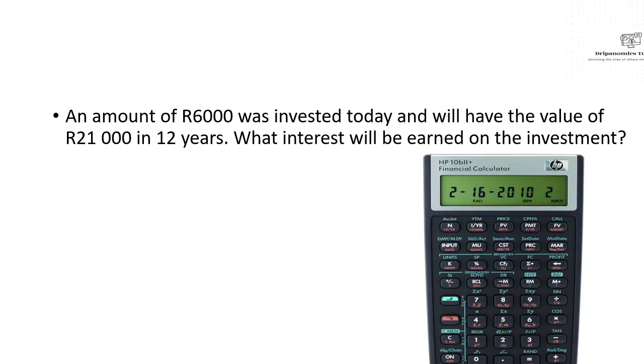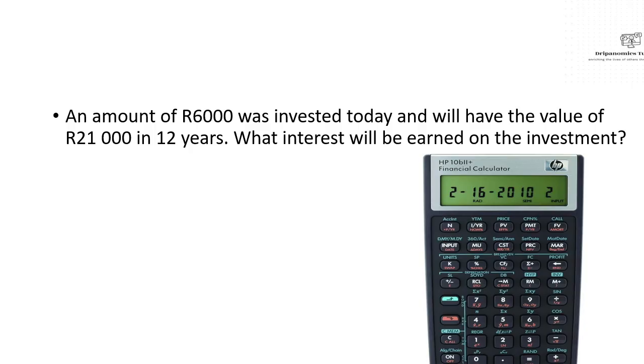There's a couple of questions, I think two, that I wanted to get to. It says an amount of 6,000 rands was invested today and will have the value of 21,000 rands in 12 years. What interest will be earned on the investment?